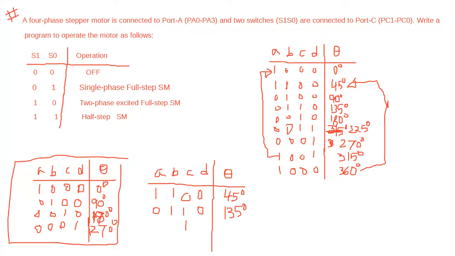Then C and D, it will be 225. And then D and A on, then it will be 315.